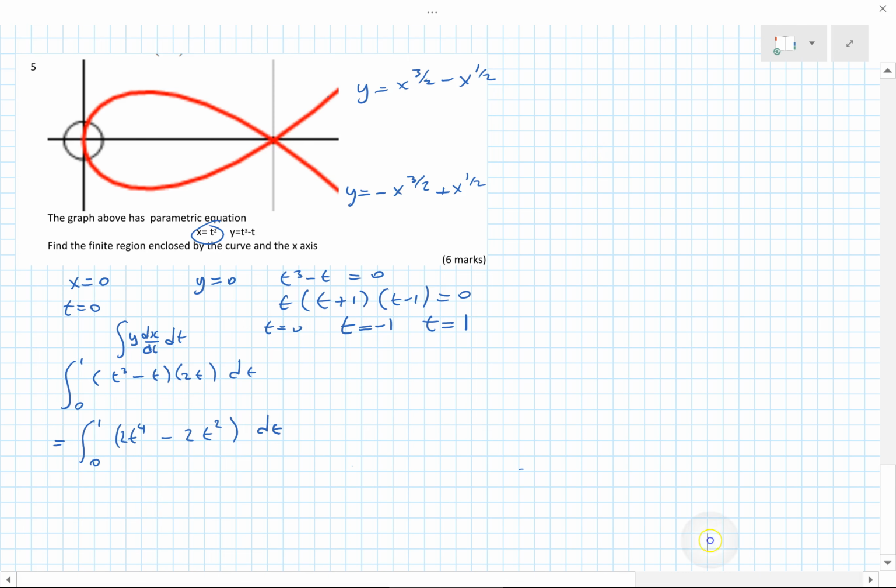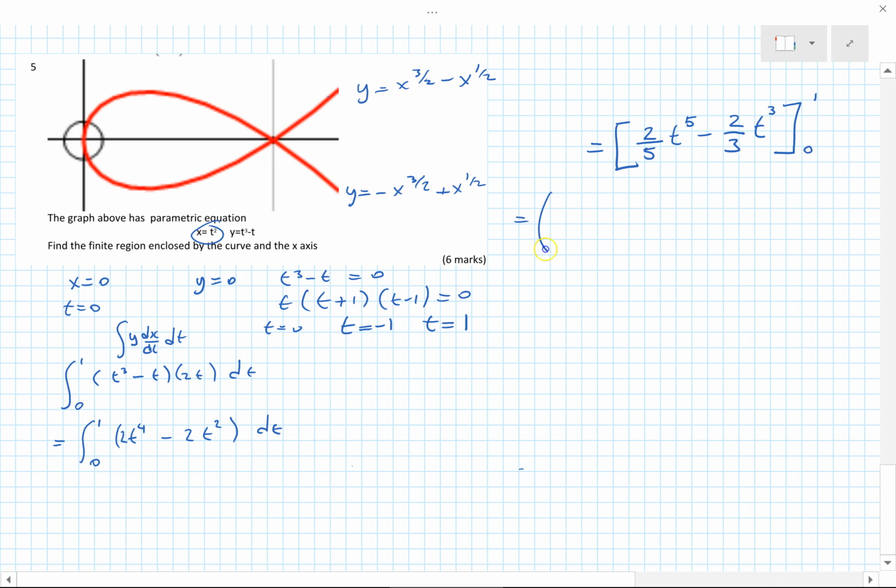That equals, integrating the 2 bits, that's 2, adding 1 to the power, that's 5, so it's 2/5 t to the 5 minus 2/3 t cubed. And that is now between 1 and 0.